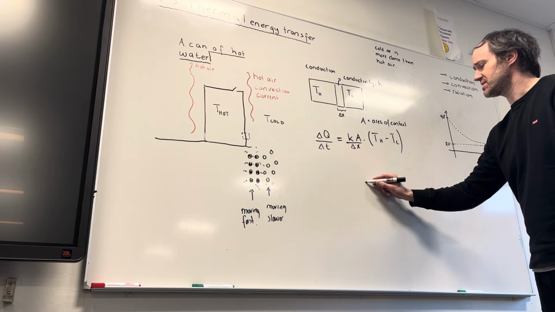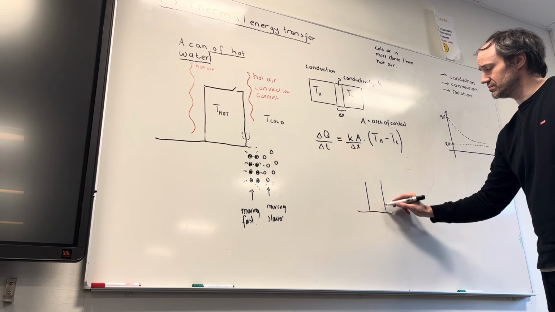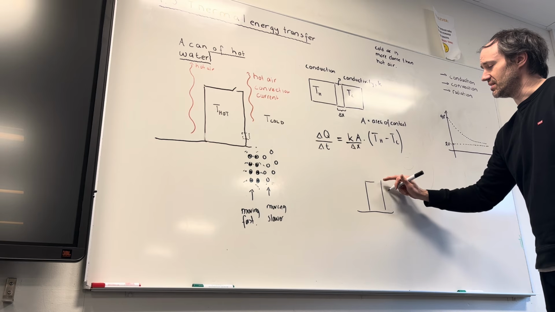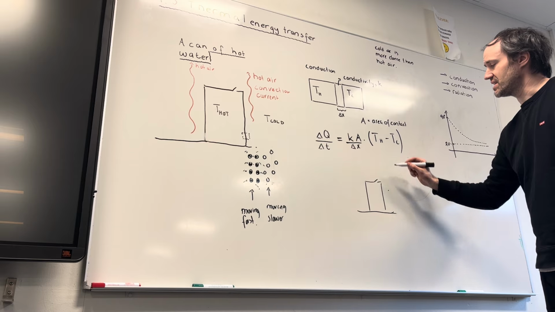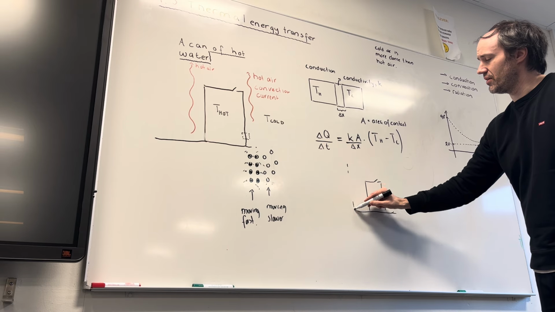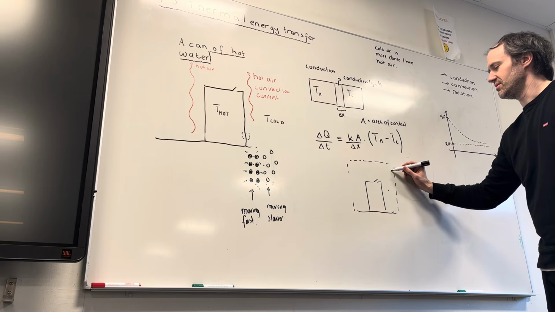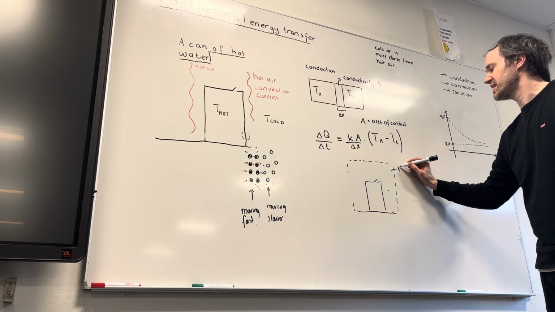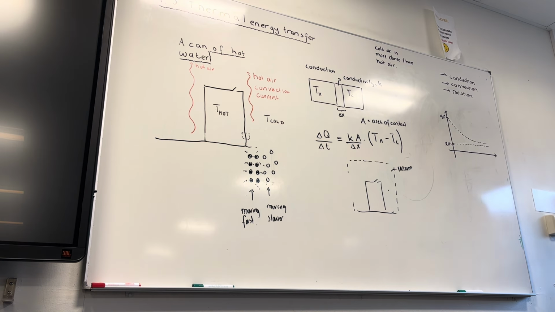Let's say we take this can and somehow put it in a vacuum. It doesn't have to be a vacuum for this to take place, but it's more interesting to discuss this point. What happens to this can if we place it in a vacuum where there are no neighboring molecules?